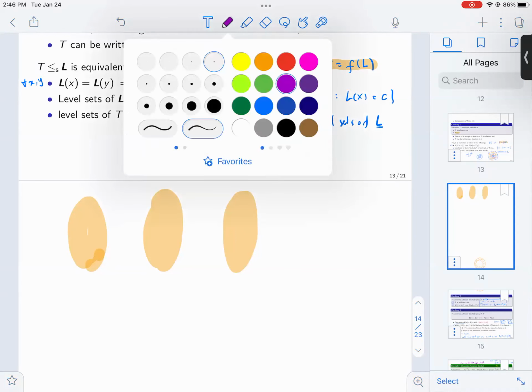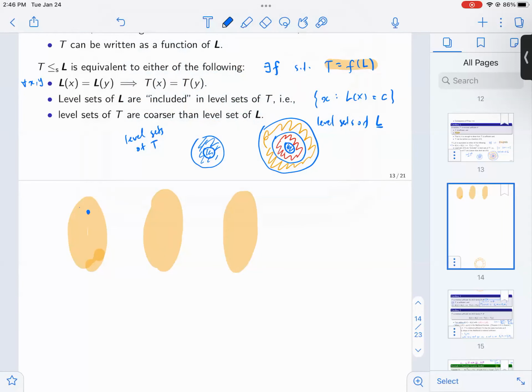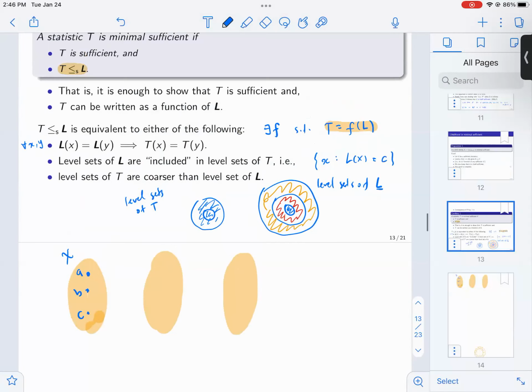So now I have, let's say, A, B, C. This is the X domain. These are my observations.